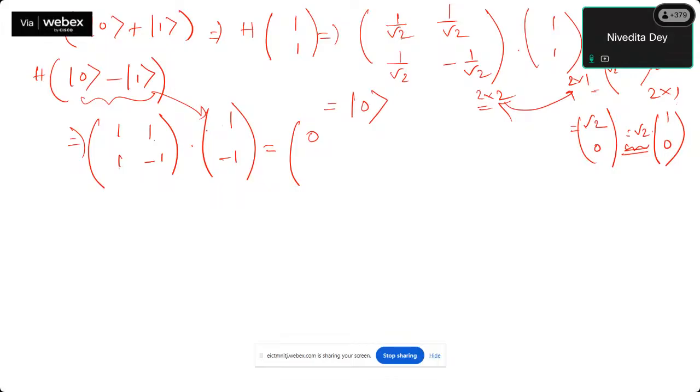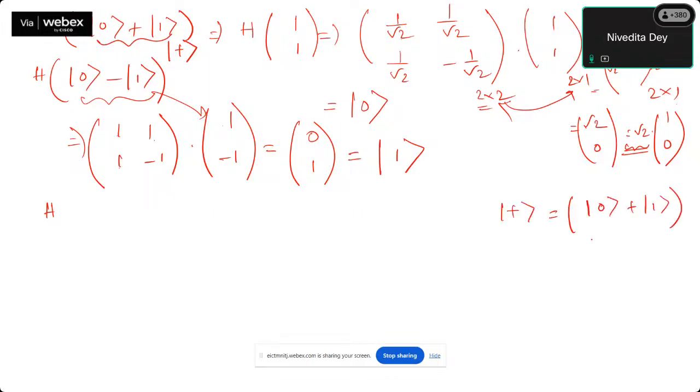And this is 1 into 1 plus minus 1 into minus 1. So again it will be some amplitude. Ignoring the amplitude, it will be 1, which is nothing but your ket 1. So that means Hadamard, and this is your plus. We also call it plus. Your plus is nothing but ket 0 plus ket 1. And your minus is nothing but ket 0 minus ket 1.